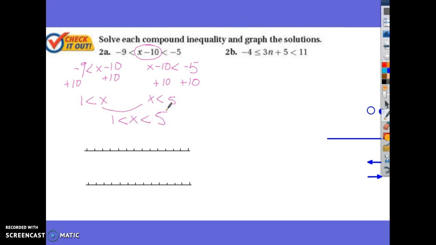These are not closed circles, they're open circles, so let's set up our number line. We're going to go -1, 0, 1, 2, 3, 4, 5, 6, 7, 8, 9, and we're going to do open circles on 1, because it can't be equal to that, and open circles on 5. x has to be greater than 1, but it has to be less than 5.